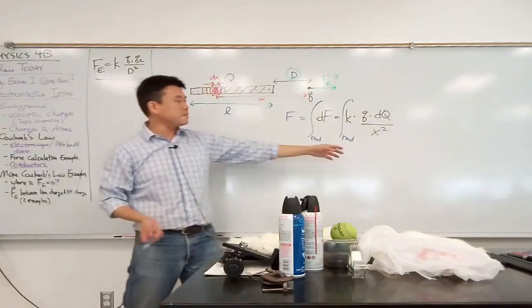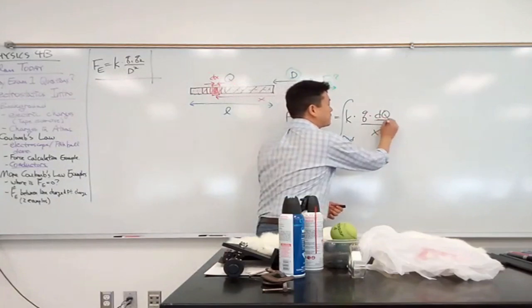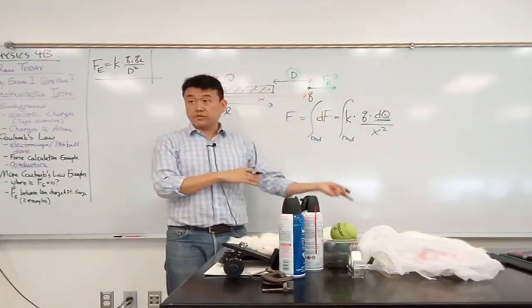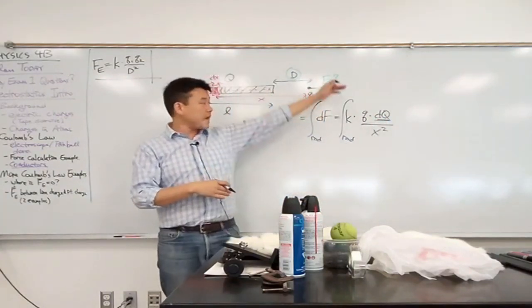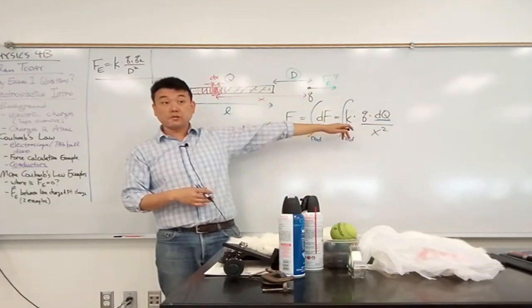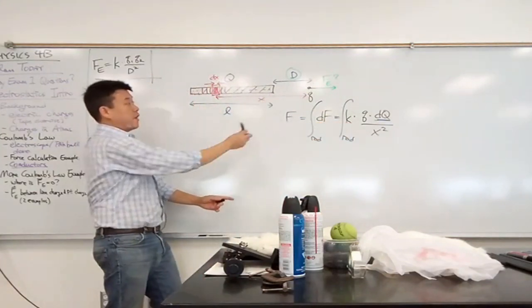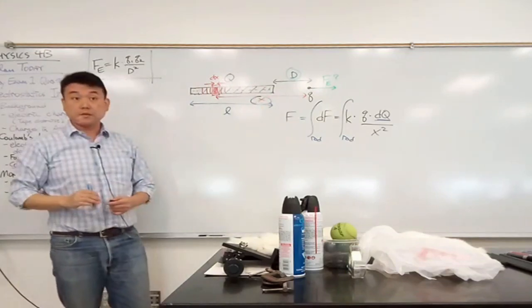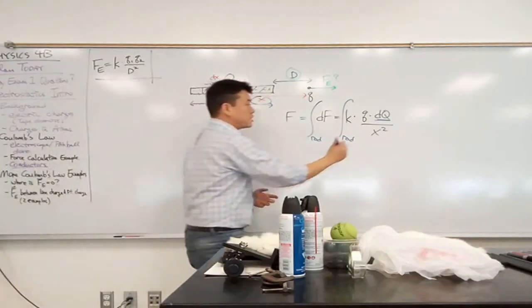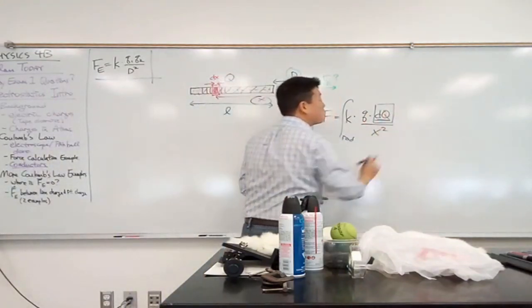So dq is a symbolic representation for something that you are going to need to replace. What's actually changing inside of this integral? As you go over the rod, the variable that's changing is x. So you need to express this dq in terms of x.